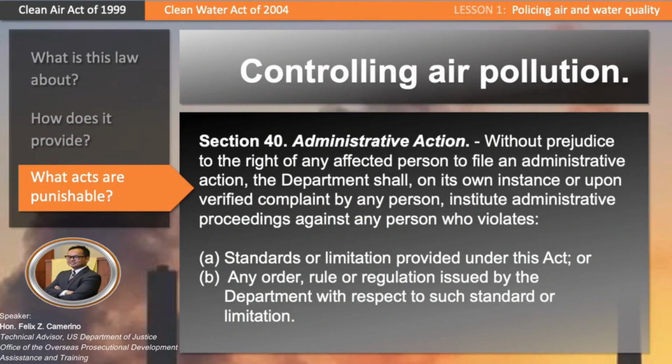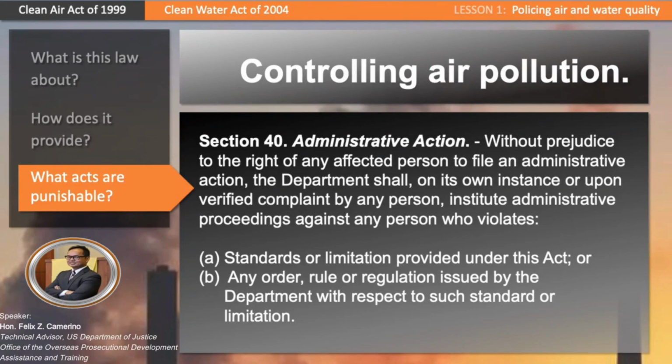Okay? So moving forward, the second item here, subparagraph B, refers to another source for those offenses. And this one, it's referring to any order, rule, or regulation that is issued by the DENR with respect to such standard or limitation.